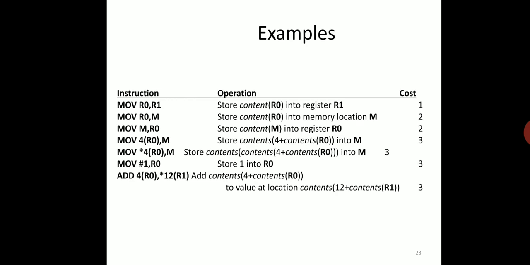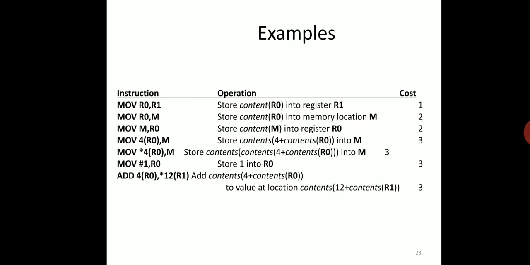Third instruction, move M comma R0. Again M is the memory operand, R0 is the register operand. So when we have 1 memory operand and 1 register operand, at that time cost of the instruction will be 2. Now except these first three statements, if any instruction occurs, okay, from 4th to 6th, any instruction cost will be 3, okay.